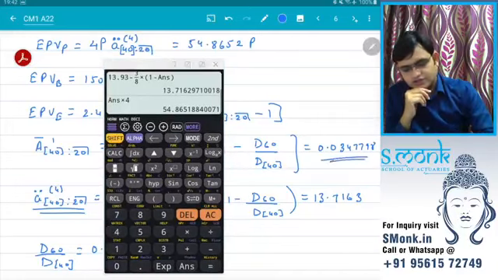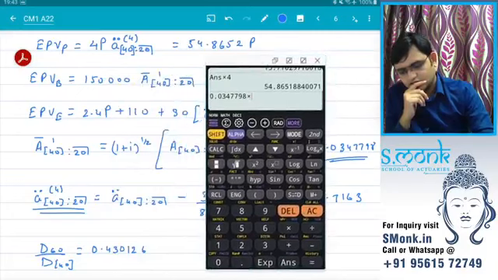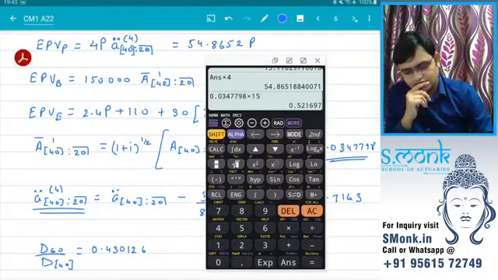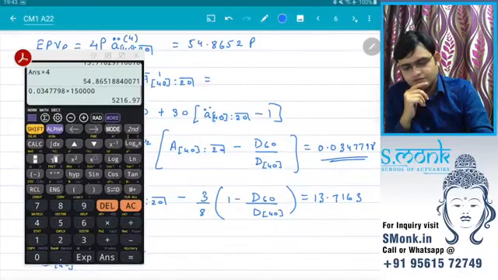Then this much into benefit, 0.0347798 into benefit was 150,000. So expected present value of benefit becomes 5216.97.